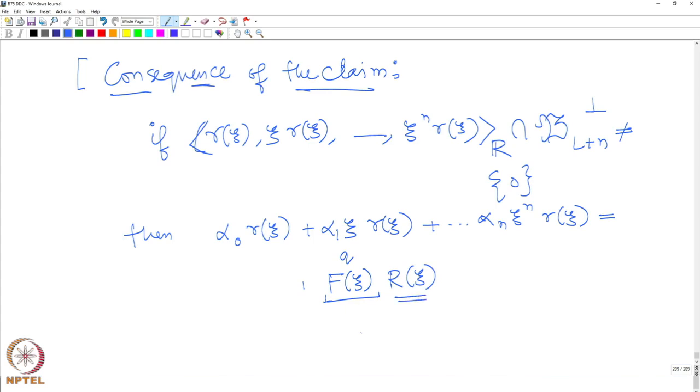What is R xi? B is equal to the kernel of R sigma, the ground truth.